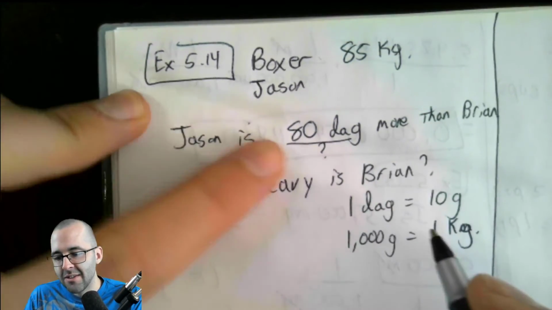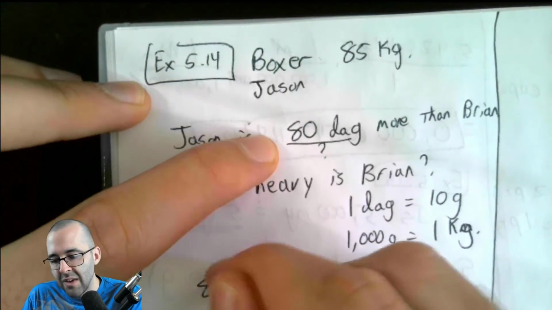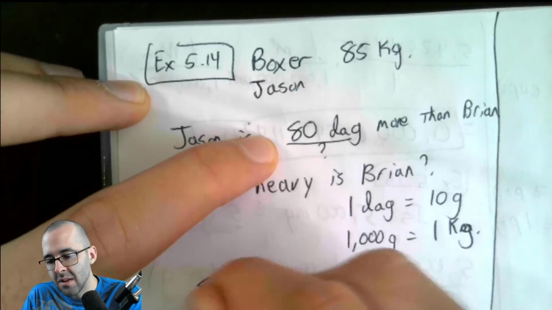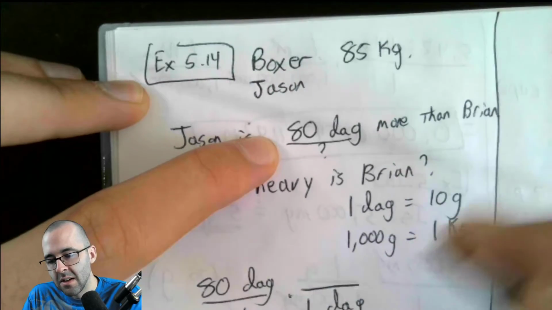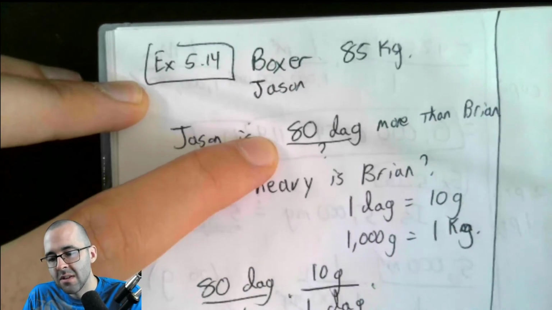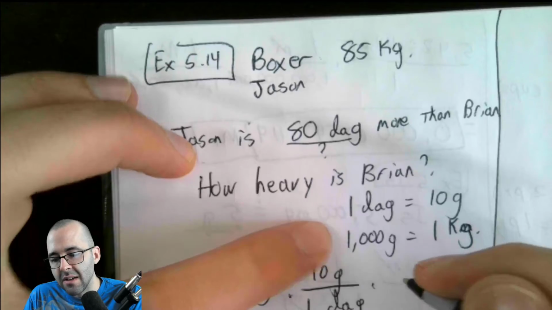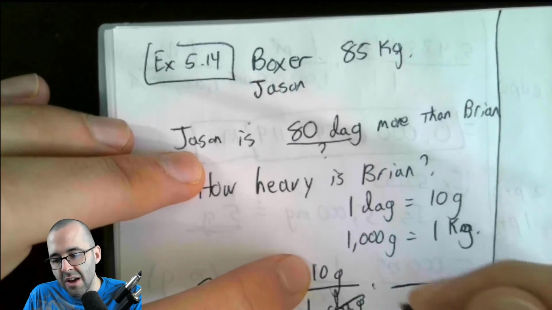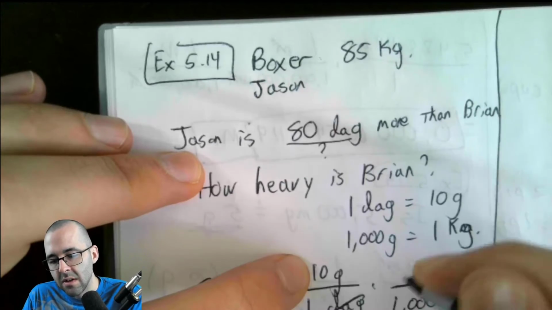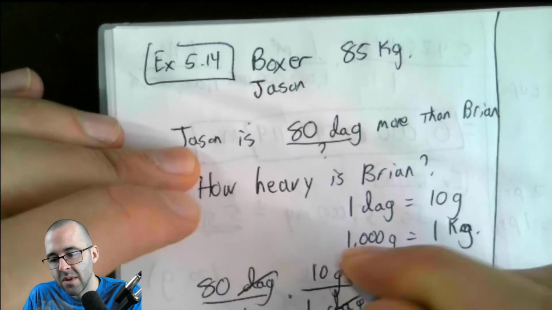So let's figure out what this is. We have 80 decagrams. And we know that 1 decagram is 10 grams. So decagrams are canceling. And then 1,000 grams is 1 kilogram.